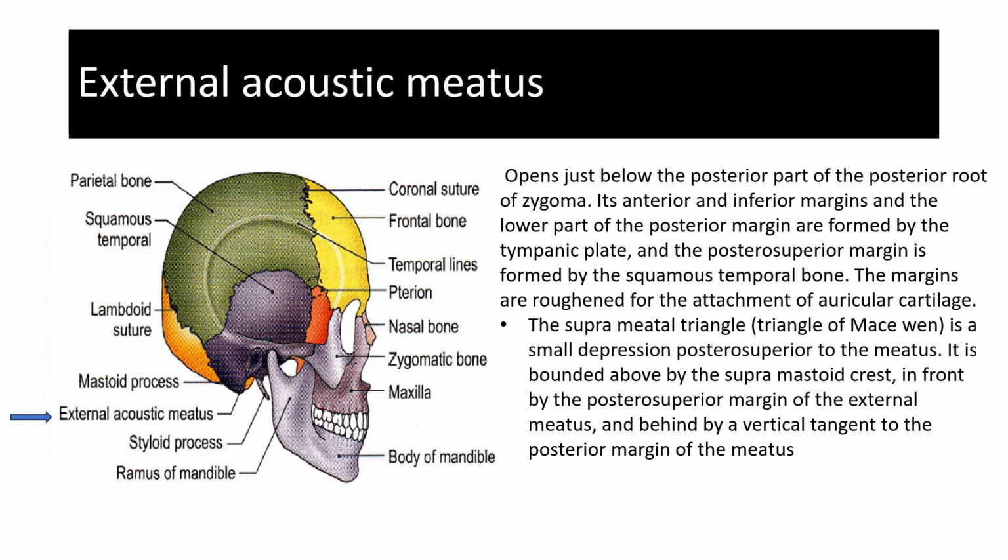And there is a suprameatal triangle. The suprameatal triangle is a small depression posterior-superior to the meatus, and it is bounded above by the supramastoid crest, in front by the posterior-superior margin of the external meatus, and behind by the vertical tangent to the posterior margin of the meatus.